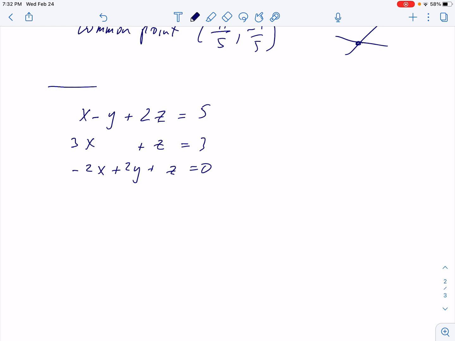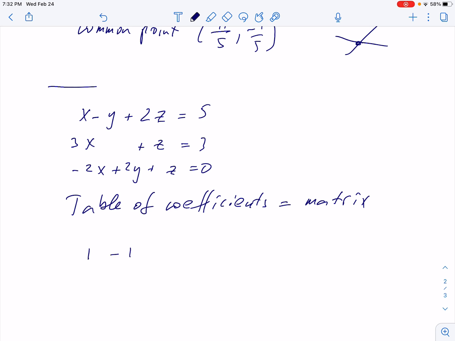So let's make a table using only the coefficients, a table of coefficients, which we call a matrix.